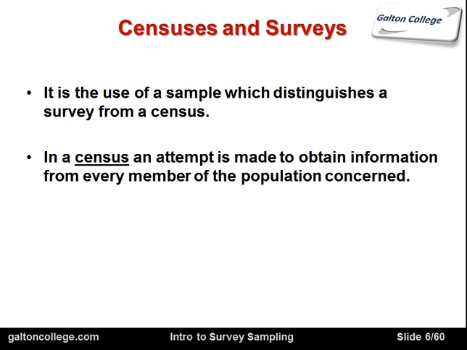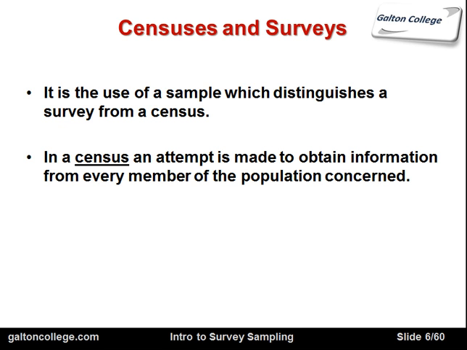In a census, an attempt is made to obtain information from every member of the population. So a census is when every item in the population, or every member of the population, is queried or surveyed.